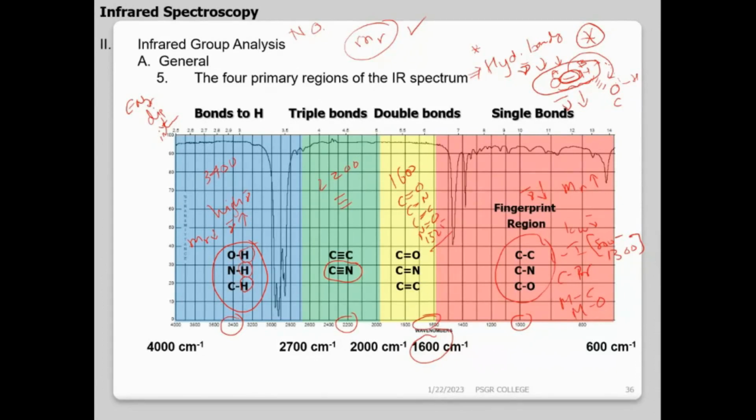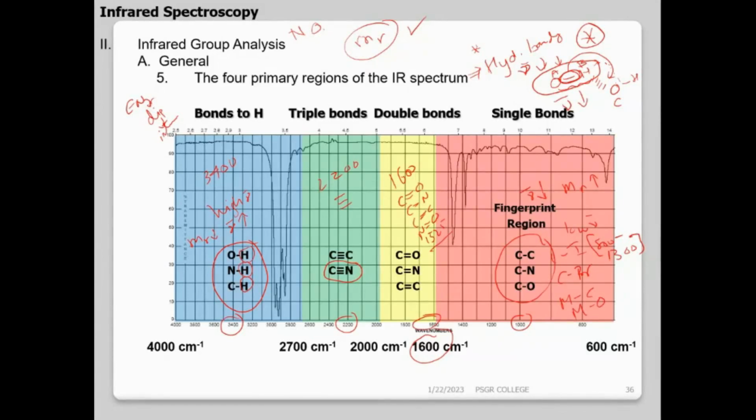So the fingerprint region is where no two different molecules will have the same vibrational frequencies. Okay, can anyone tell me the regions again? Who will come in the lower values, from 1400 down to 600? Compounds having sigma bonds, like single bonds? Not like that.